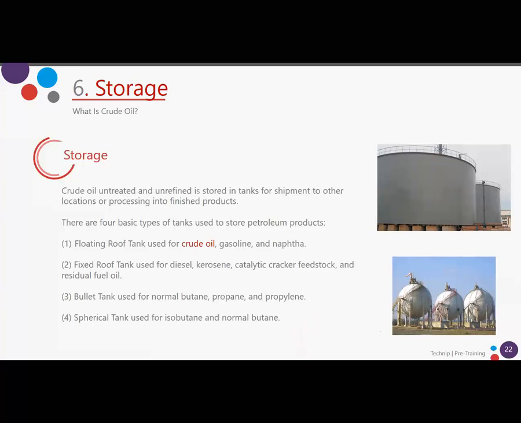Okay, being the flash point the lowest temperature at which a liquid will form a vapor in the air that can ignite with an open flame. So the flash point is a general indication of the flammability or combustibility of a liquid. Okay, so this defines the kind of storage for a specific product or for the crude oil.